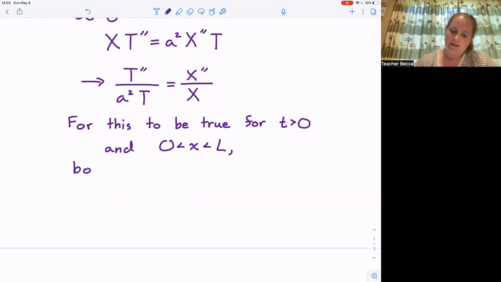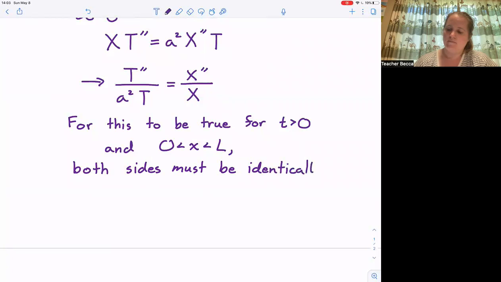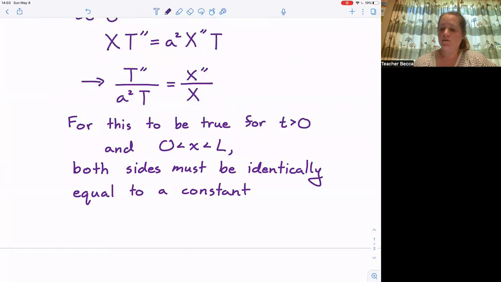So both sides must be identically equal to a constant, which we will represent by negative lambda.